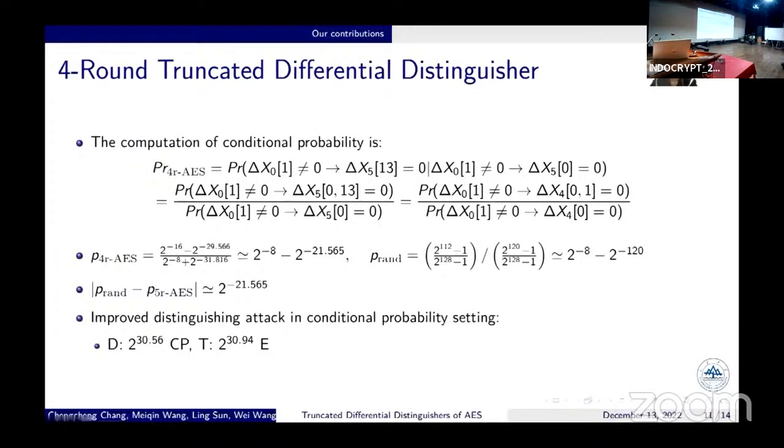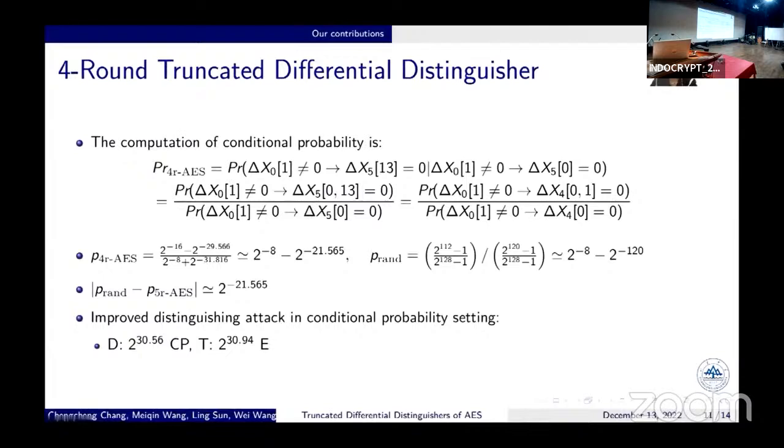Without loss of generality, we focus on the non-random property of the distinguisher, and we consider a full-round truncated differential distinguisher in the conditional probability setting. By divide and combine, we compute the probabilities of 2 truncated differentials and the corresponding conditional probability.